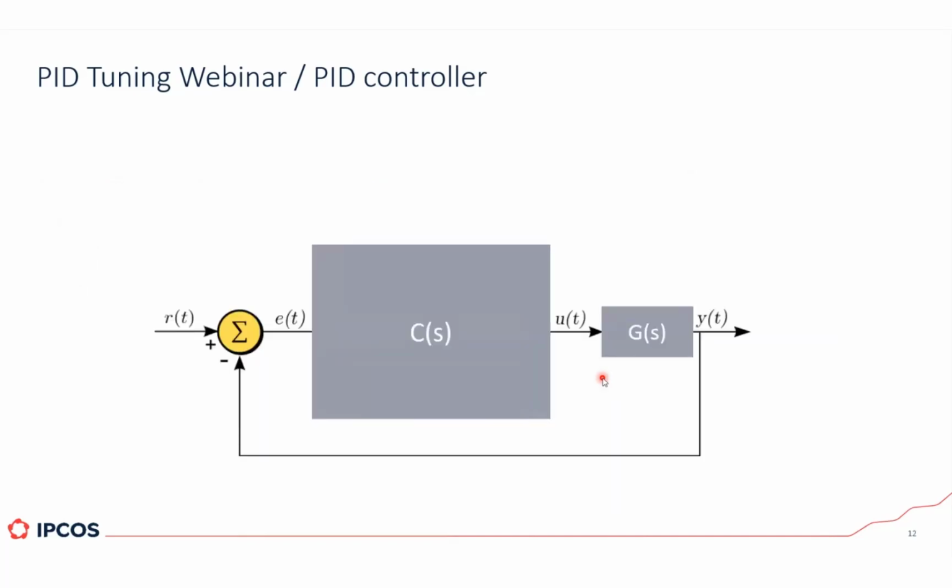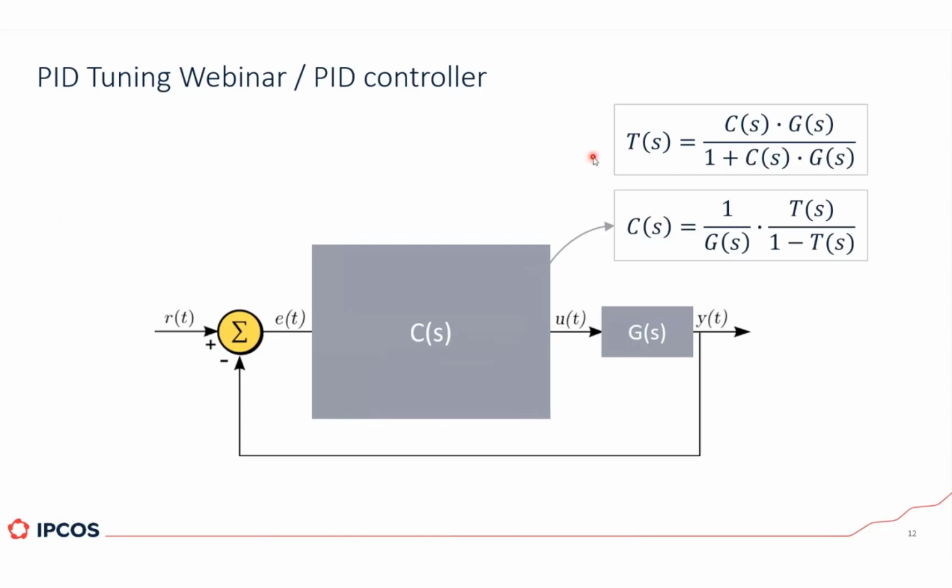Okay, and if we represent that in block diagrams, and here C is the controller and G is the process, as the Laplace representation of these two. If we write the sensitivity function from the set point here, R, to the PV, right? This is the direct path divided by the feedback.